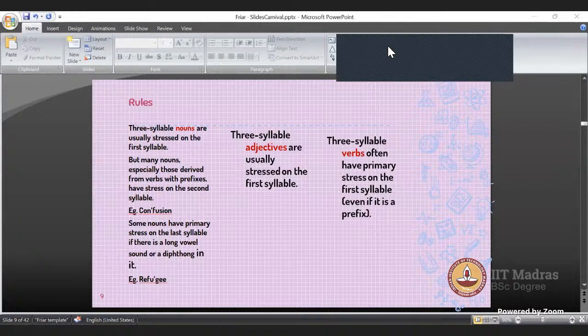Along with this long vowel and diphthong, you have suffixes like ESE, as in Assamese or Japanese, IQUE, unique, physique, and ETTE, cigarette, lorette. In all of them, where does the stress fall? On the suffix.